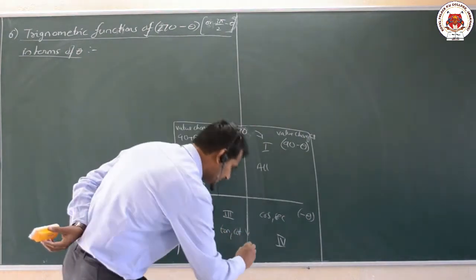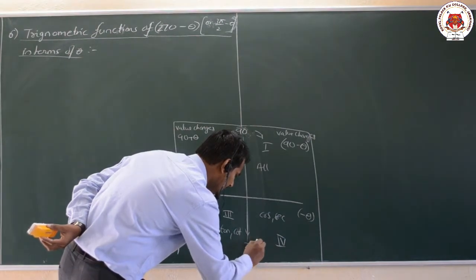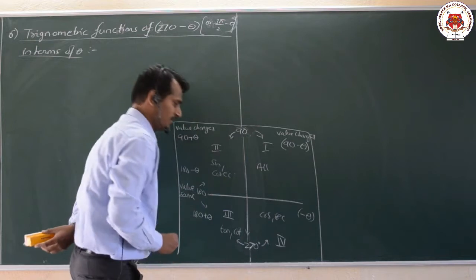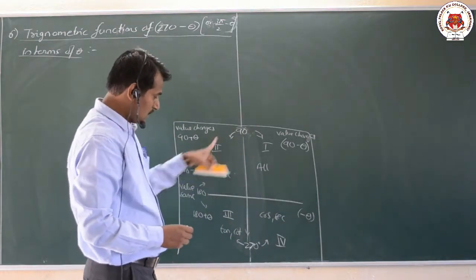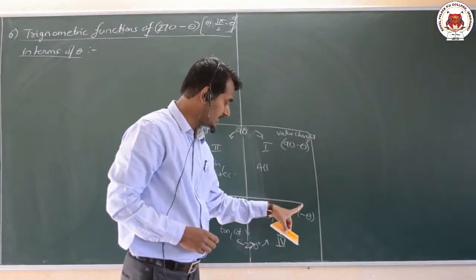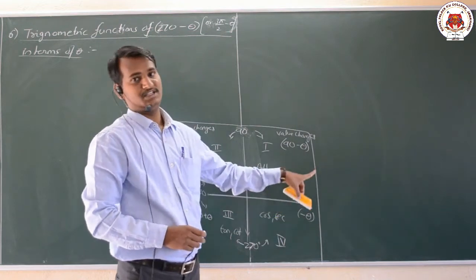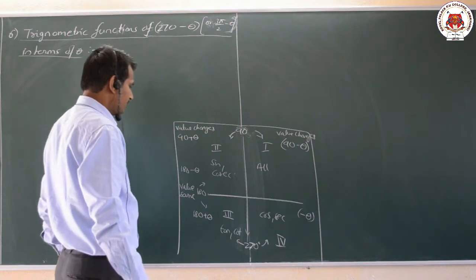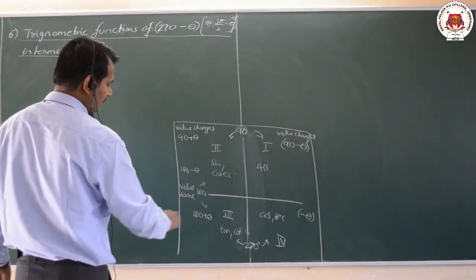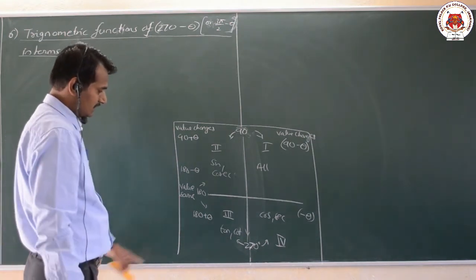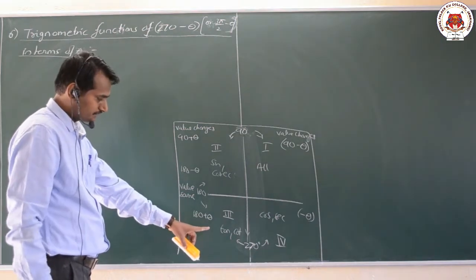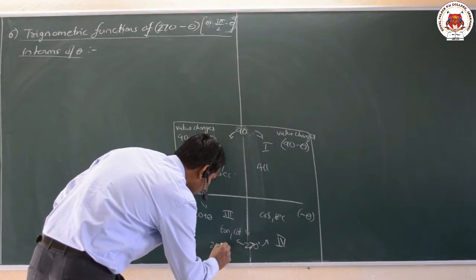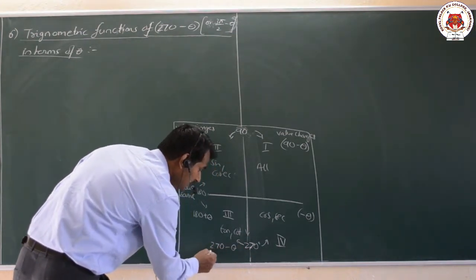Now let us begin our discussion regarding 270 degrees: 270 minus and 270 plus. And at last, one complete rotation, that is 360 minus and 360 plus theta. That also we shall learn here. Now let us begin with 270 minus theta, that comes in the third quadrant.